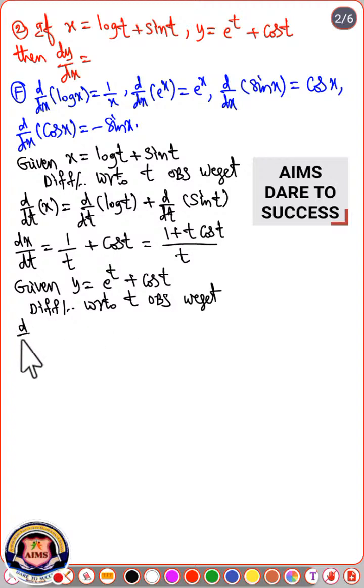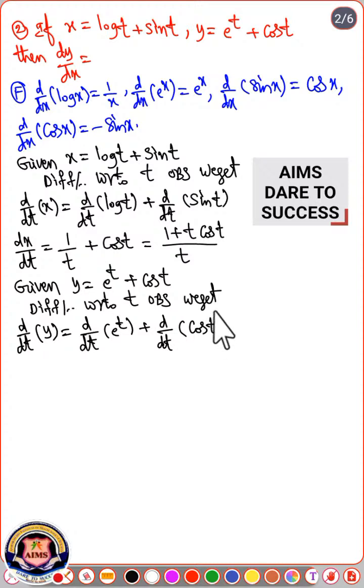With respect to t, why we are using it because the right side values are related to t, that's why d by dt of y is equal to d by dt of e power t plus d by dt of cos t.